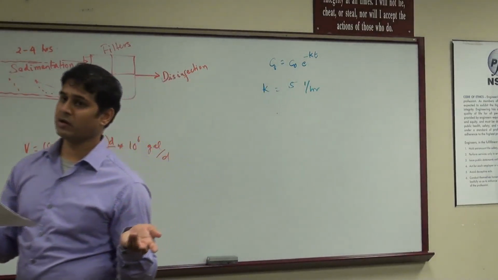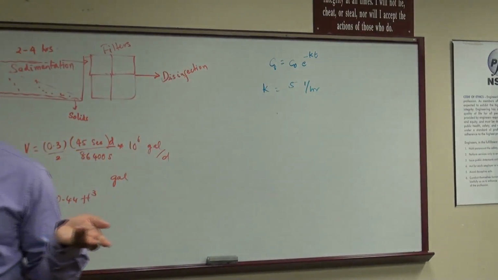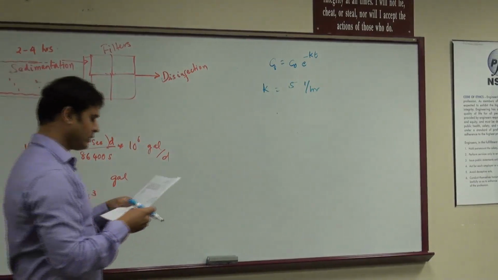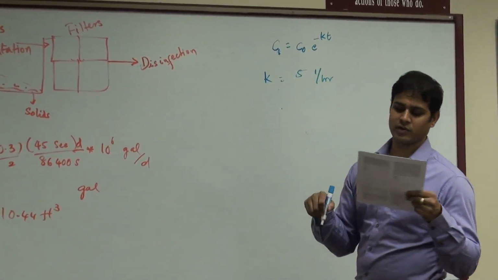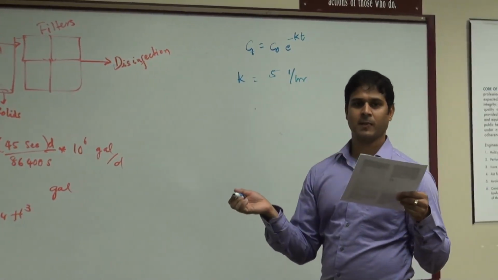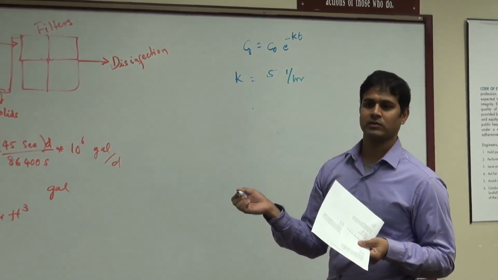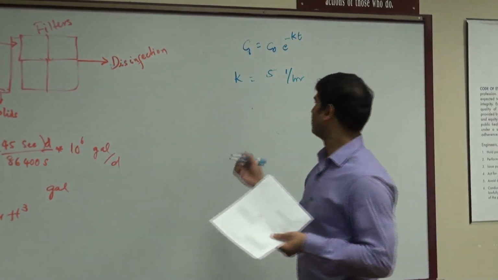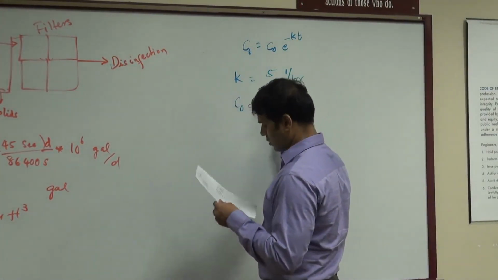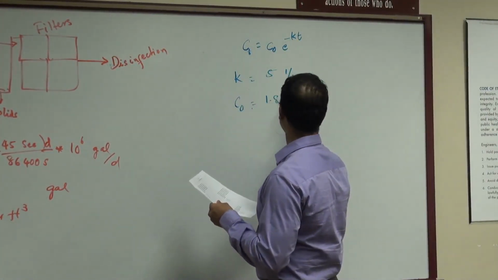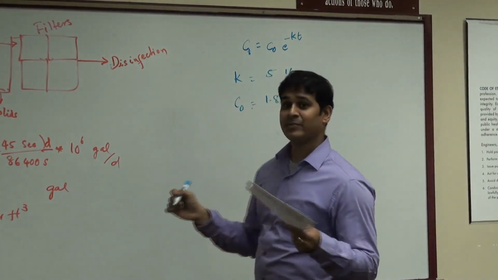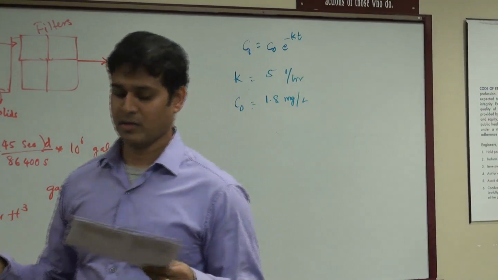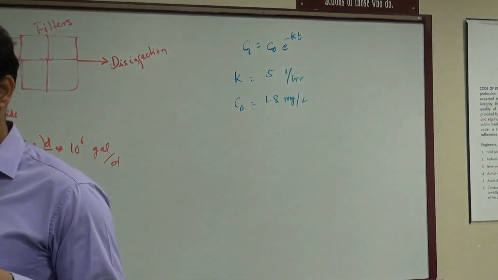So you're given the rate constant, is that right? And the untreated iron concentration. Untreated means your initial concentration. Is that right? Initial concentration is 1.8 milligrams per liter, and 90% removal is desired.